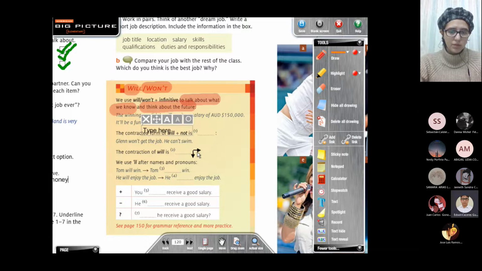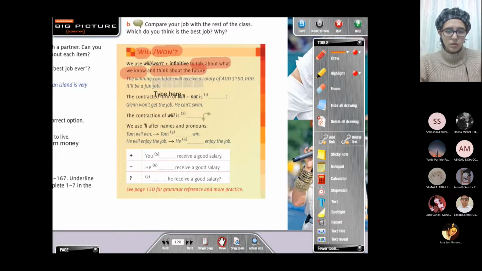So let me make this a little bigger. Yeah, and there you have an example. Glenn won't get the job. He can swim. That's what we know. Sí, eso es lo que sabemos. Por eso vamos a usar will, won't. He can't swim, so he won't get the job. Como no puede nadar, no obtendrá el trabajo, right?